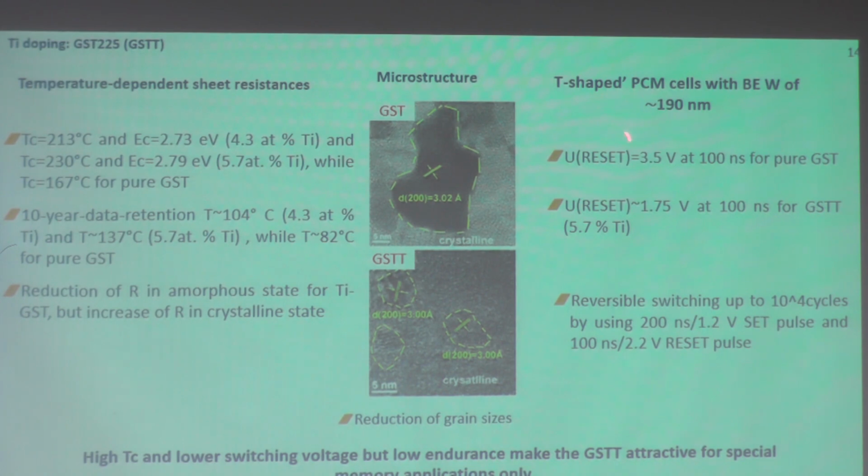The performance of cells based on these materials was also measured. So the reset time was on the average 100 nanoseconds, as for pure GST, but the reset voltage was reduced by half, from 3.5 to 1.75.